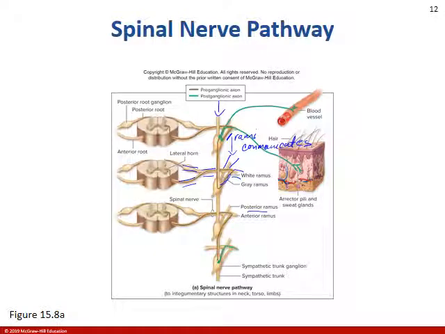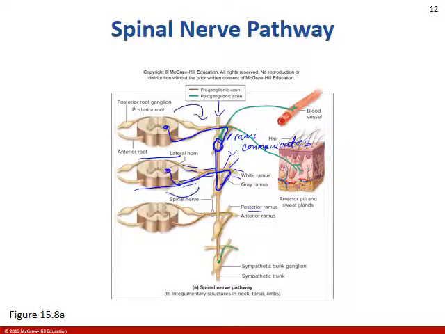And what's happening, you can see that the motor neuron is coming out through the ventral root, and it's looping through that communicant to the ganglion. It can also, if I'm on a different level here, this is just another motor neuron coming out, it can actually use the communicant to go up.